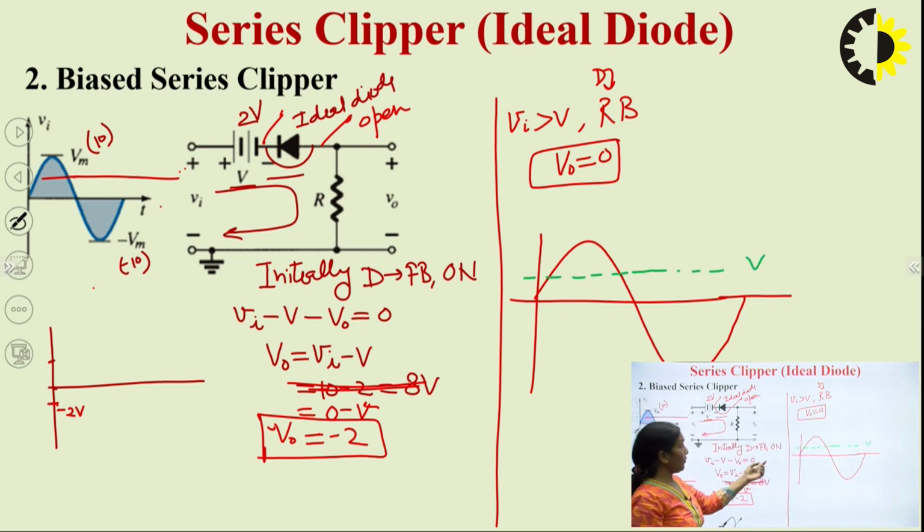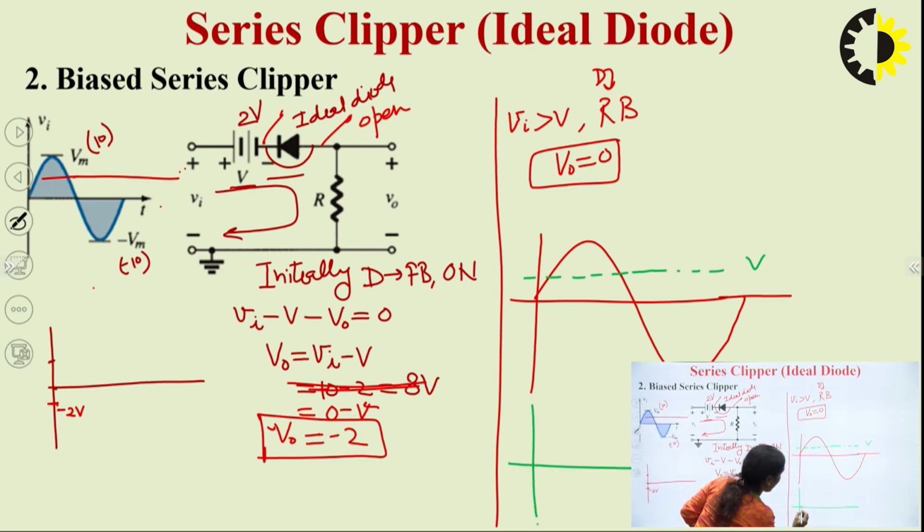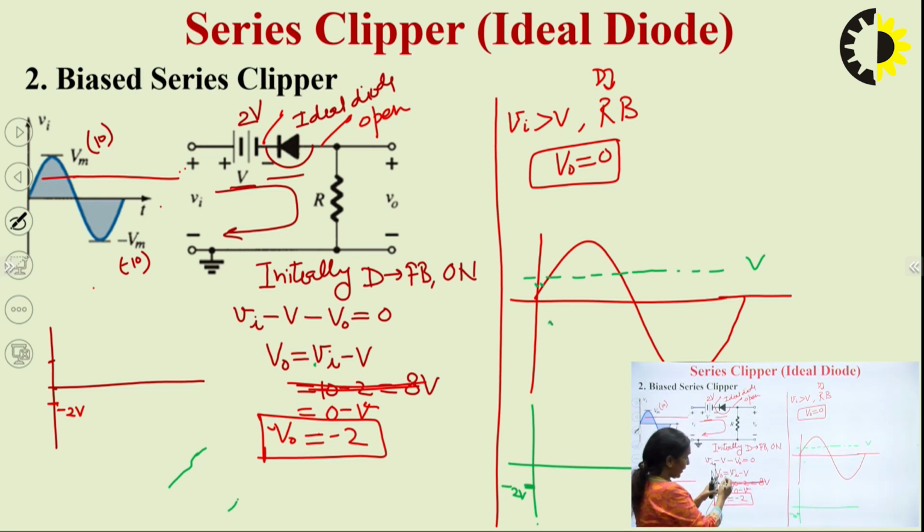So, till the time your Vi is less than this, the diode will be in a forward bias state. So, if I keep value 0, output will be equal to minus 2 volt, and if I keep my Vi equal to 1 volt, let us say this is the value I am taking, then output will be equal to minus 1 volt.